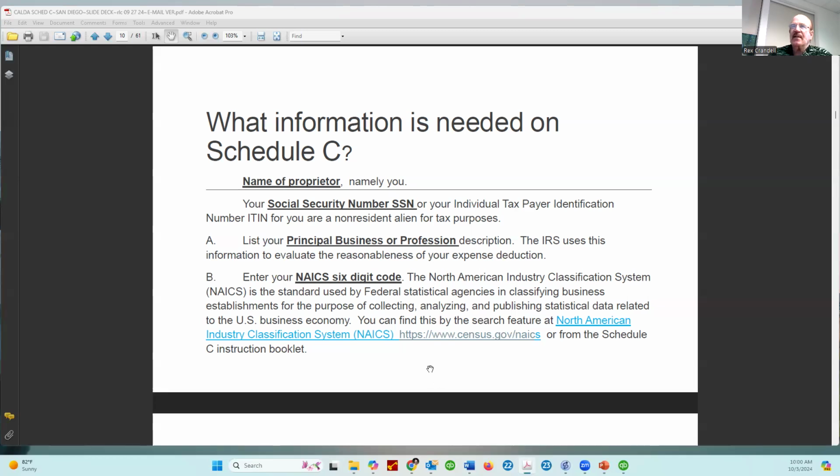You can find this search feature to get your number for the tax return at census.gov/naics or from the instruction booklet for Schedule C.